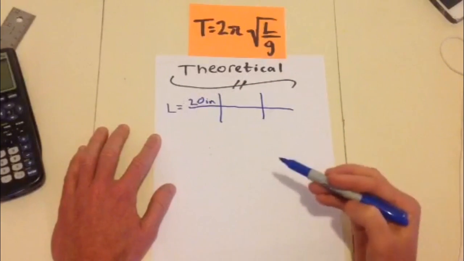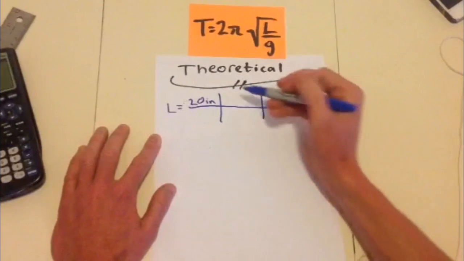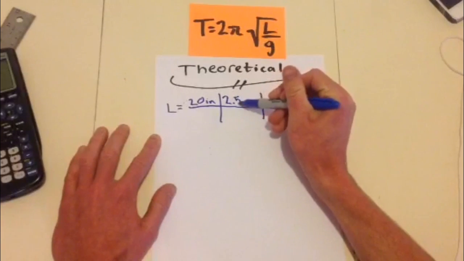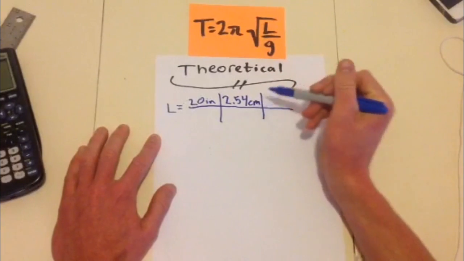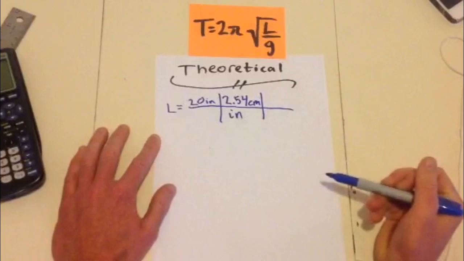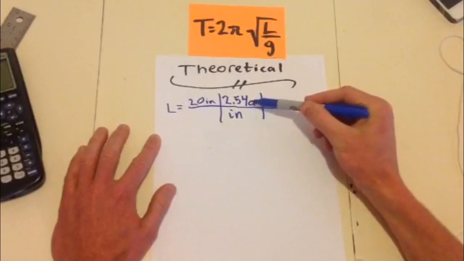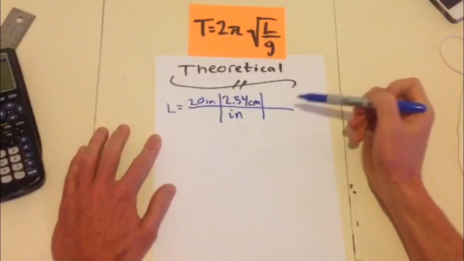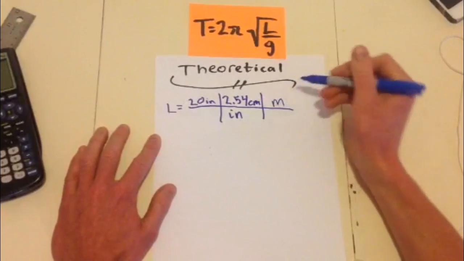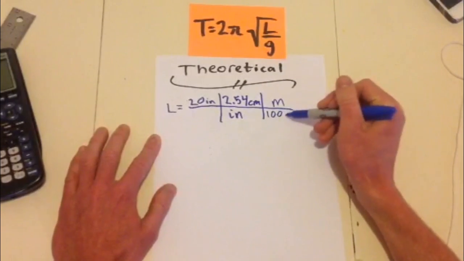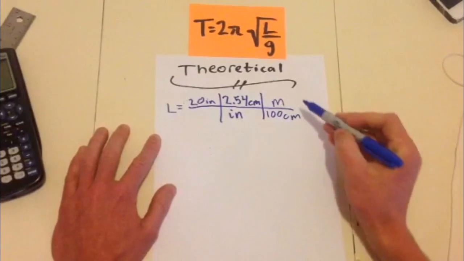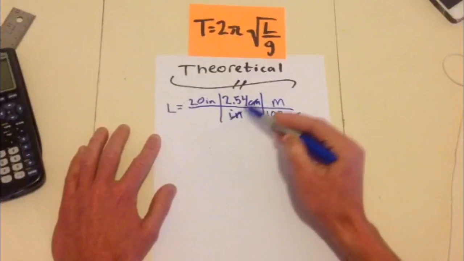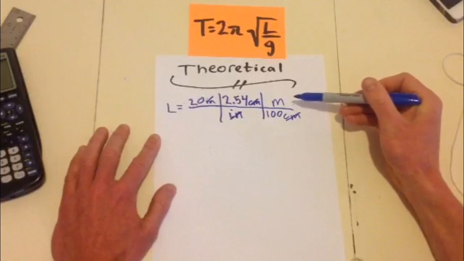First, we will convert inches to centimeters by multiplying every inch by 2.54 centimeters per inch. Next, we need to get this over into meters. In order to do this, we know there are 100 centimeters in a meter, so we have a meter and 100 centimeters per meter. Now, if we look, our units are canceling out, and we end up with meters.